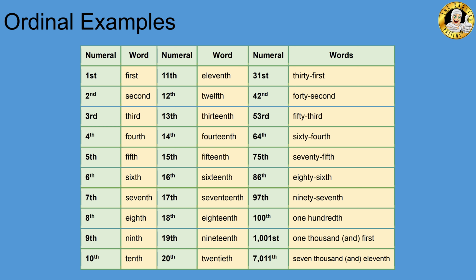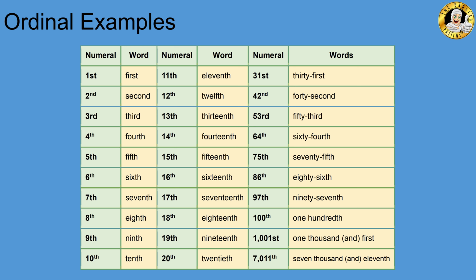And then, as examples for some larger numbers, you're just reading the last part here. So 31st, 42nd, 53rd, 64th, 75th, 86th, 97th, and 100th. 1000 and 1st, or 1001st if you're an American speaker.